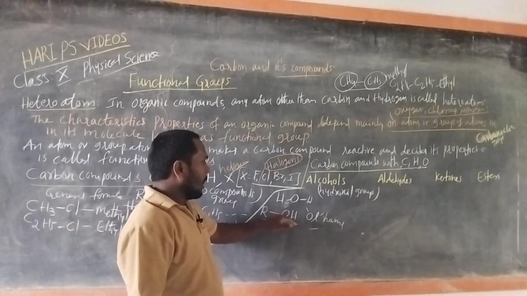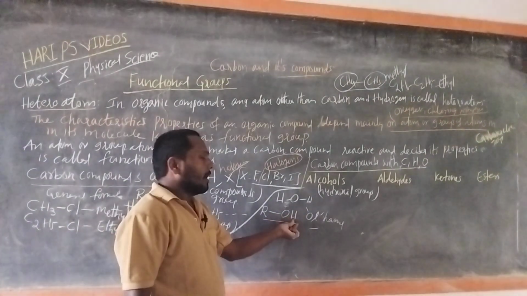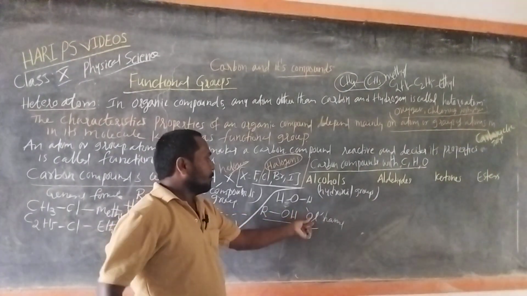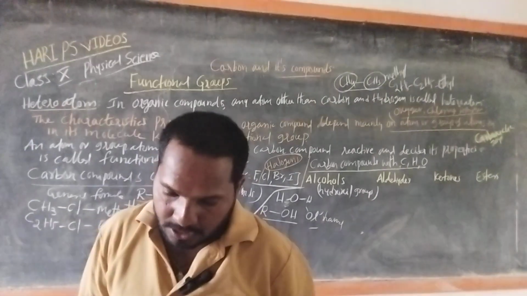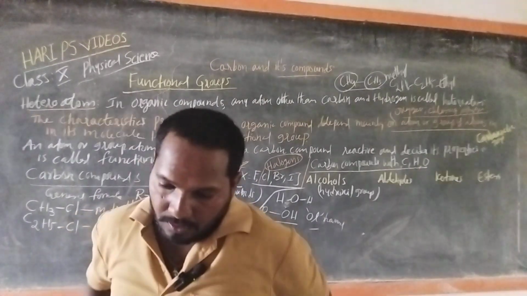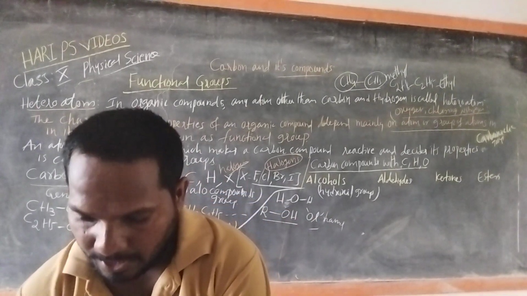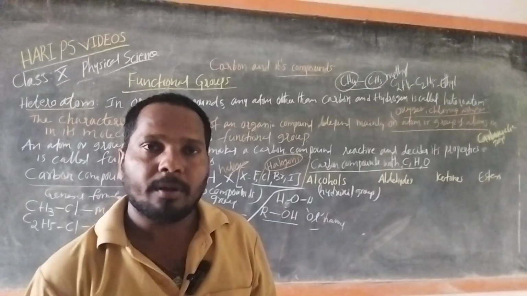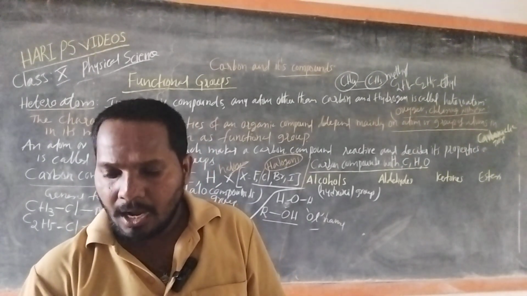General formula ROH. It is made up of oxygen and hydrogen. In place of R, you can name it with the suffix ol. Alcohols have the hydroxy group, and we can term it as ol.